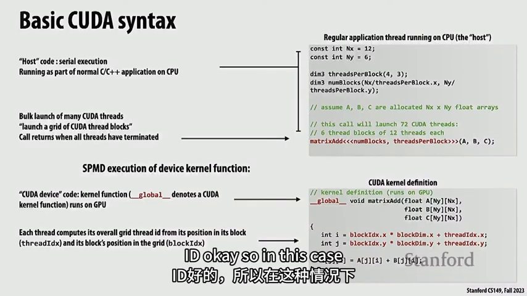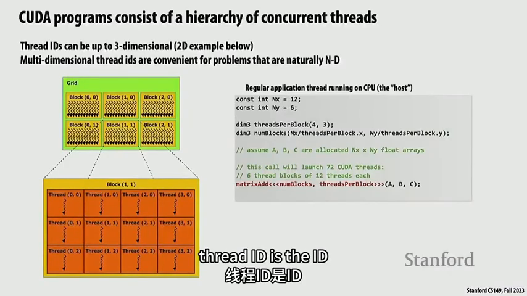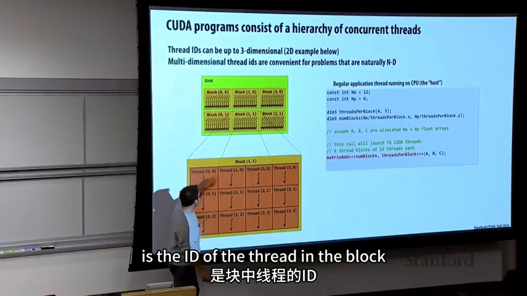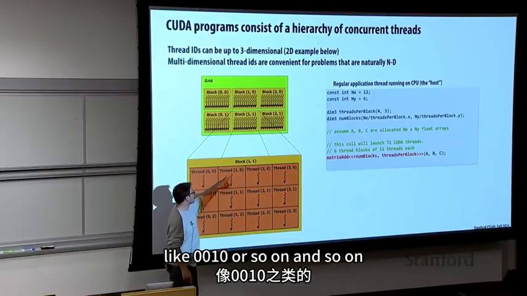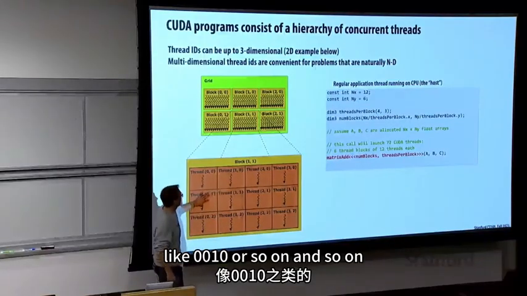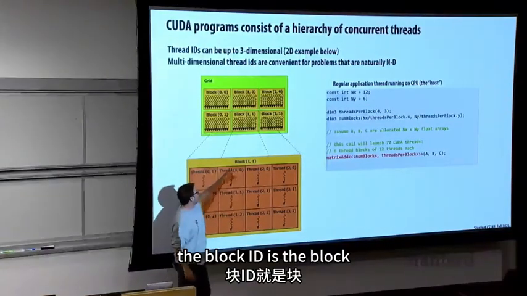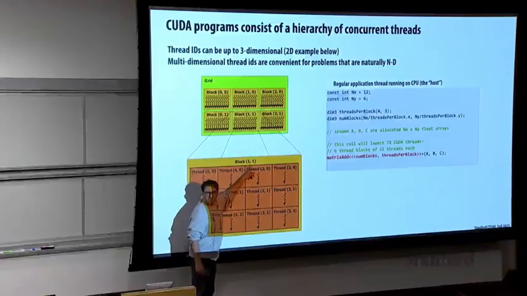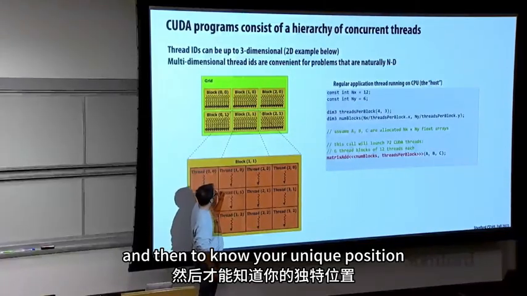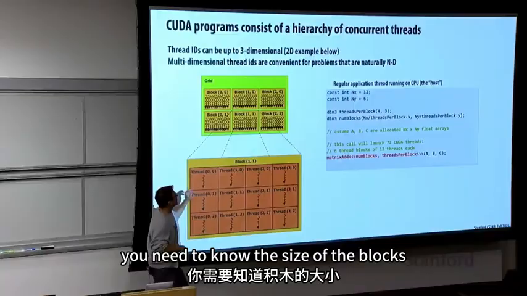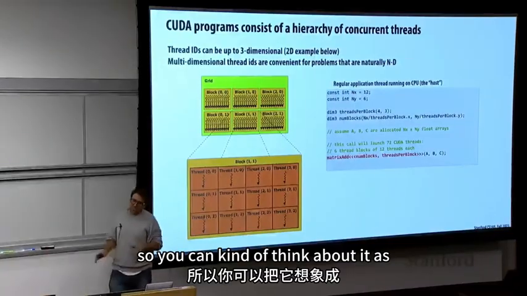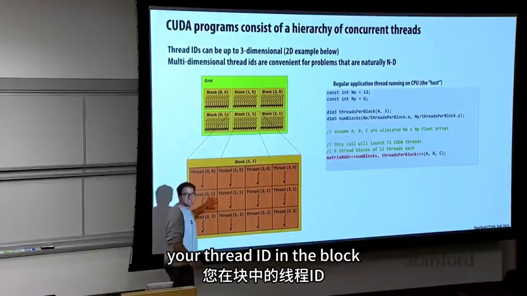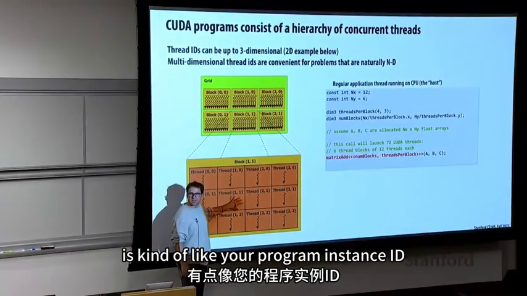Okay. So in this case, thread ID is the ID of the thread in the block, like 0, 0, 1, 0 and so on and so on. The block ID is the block. And then to know your unique position, you need to know the size of the blocks. So you can think about it as your thread ID in the block is like your program instance ID.